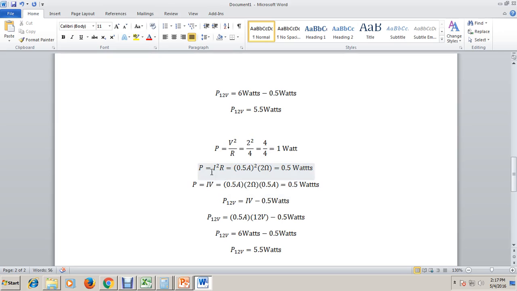Doing the second form of the formula for power, instead of making use of V squared over R, we have I squared R. So this becomes 0.5 amperes times the resistance R, which is 4 ohms. So 0.5 squared becomes 1/4. 1/4 of 4 gives us 1 watt.